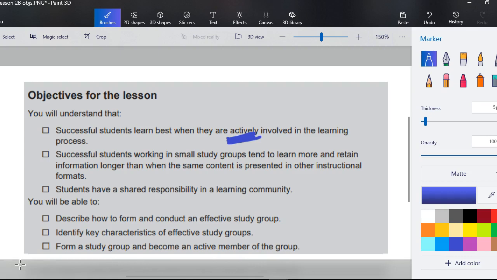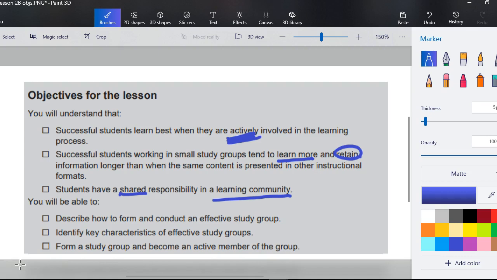Successful students working in small groups tend to learn more and retain information longer, and that can pay off on the test and the final, compared to when content is presented in other instructional formats. Students have a shared responsibility. You can't hide in a learning community, and that's why I said earlier that it is productive and effective.